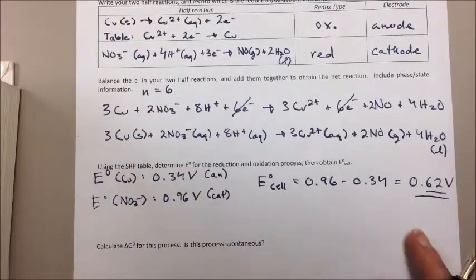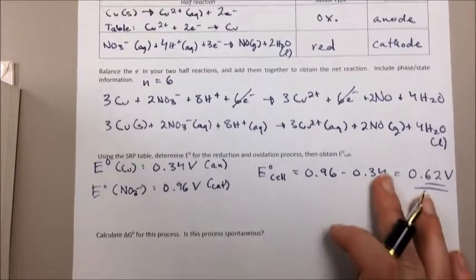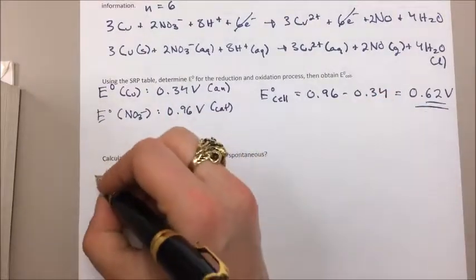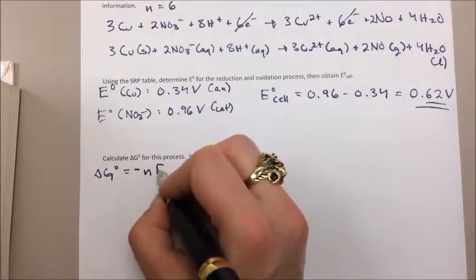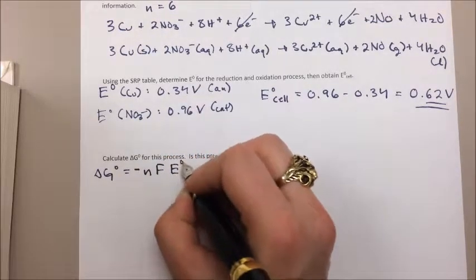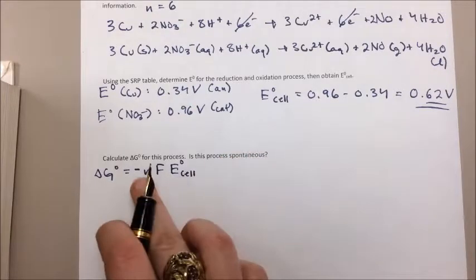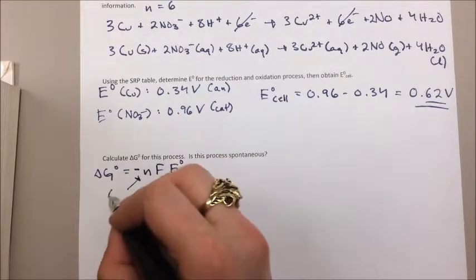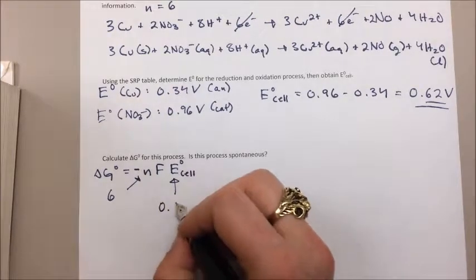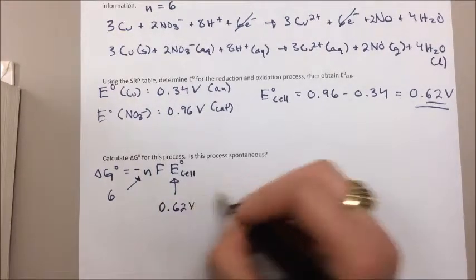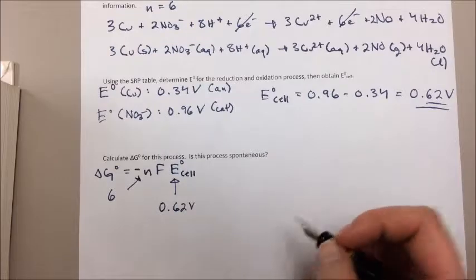Now, using that, we're going to calculate delta G finally. So remember that delta G0 equals negative n F E0 cell. We already know n, this is 6. E cell is that 0.62 volts that we calculated, and F is Faraday's constant.